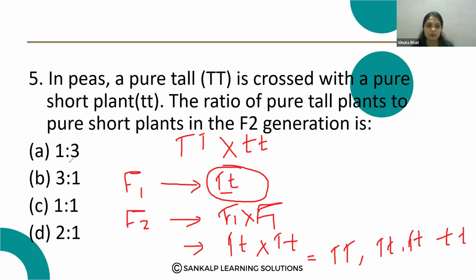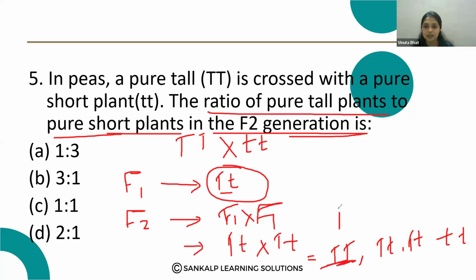Here the ratio of pure tall plants to pure short plants in the F2 generation: pure tall plant means homozygous condition, that is 1, and pure short plant, homozygous condition, that is 1, so 1:1. Okay, the correct answer is 1:1. Option C is the correct answer.